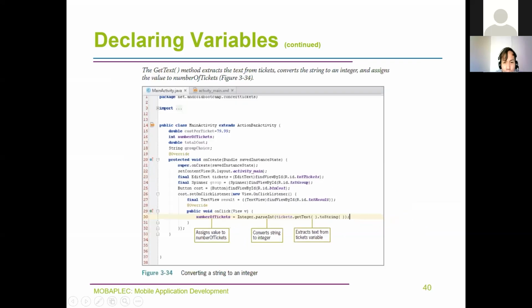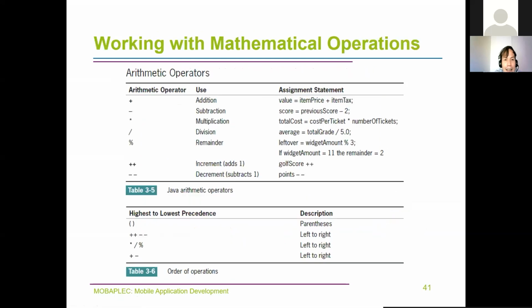All you have to do is add the particular strings in line 30. So assign value, convert value, and extract the text. Simple as that.